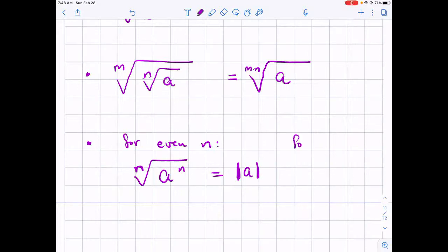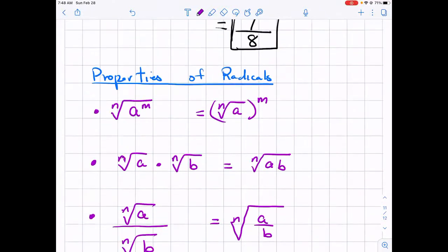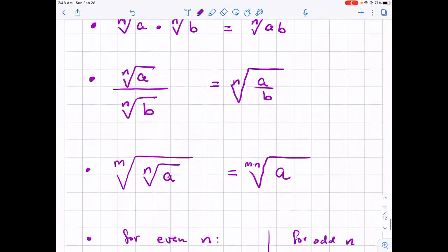Whereas for odd n, the nth root of a to the n is just equal to a. We don't need absolute value when it's odd. So these are some properties that you will see a lot. So let's look at some examples now.